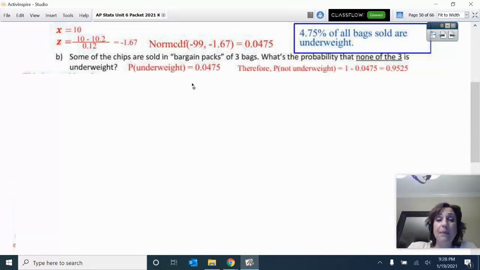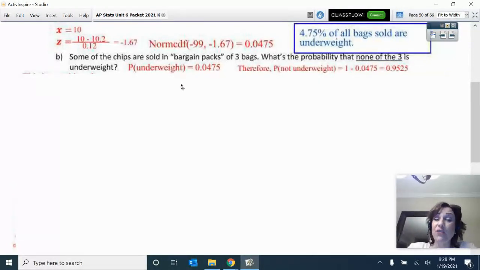Now, I'm going to be using the fact that I just computed in part A, that the probability of underweight is 0.0475. So, what's the probability that none of them is underweight: the first one's not underweight, and the second one is not underweight, and the third one is not underweight.